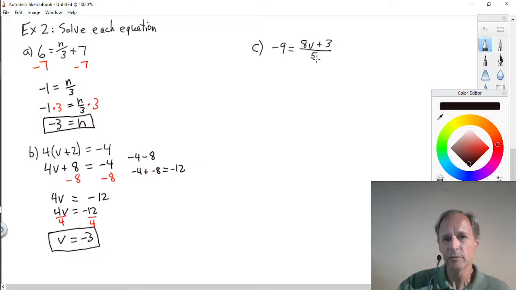So we have to multiply both sides by 5. So let's do that. Leave room for our times 5.